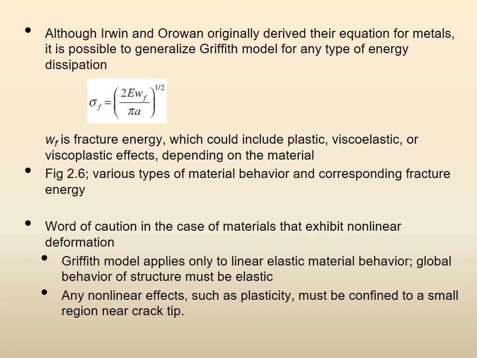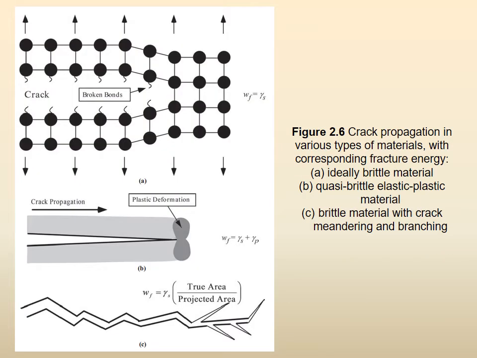Then we said that rather than using gamma S and gamma P, if we directly combine everything into something called the WF, the work required to fracture or the energy required to fracture, then we can combine all the approaches. We showed you that a purely brittle material, this is a purely atomic version for a brittle material.